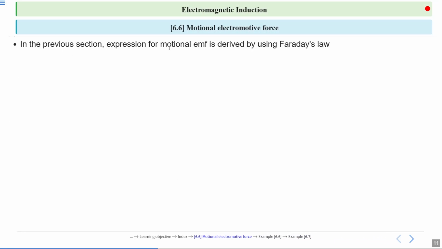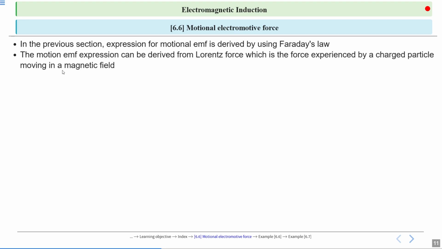In the previous section, the expression for motional EMF was derived by using Faraday's law. The motional EMF expression can also be derived from the Lorentz force, which is the force experienced by a charged particle moving in a magnetic field.